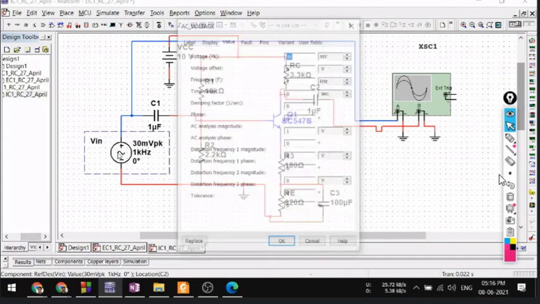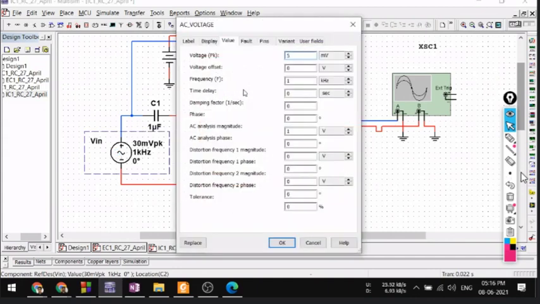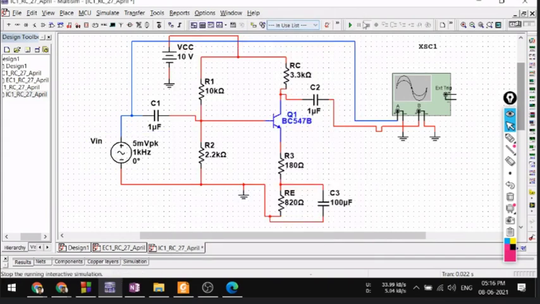So start with the 10 millivolt peak to peak, that is 5 millivolt peak. Let us run it. Check the output. Let me zoom in. Look, this is your output, student.